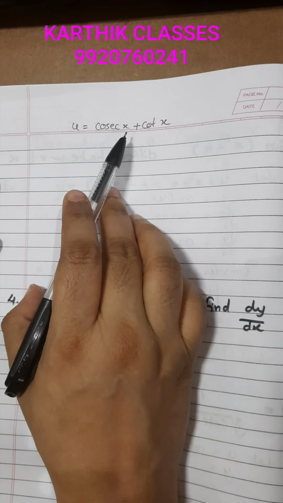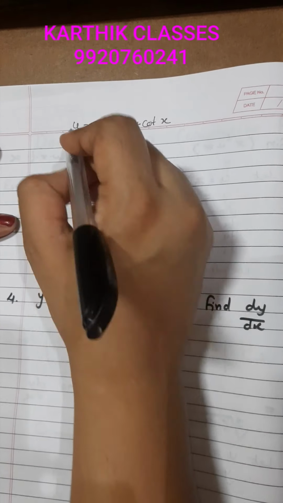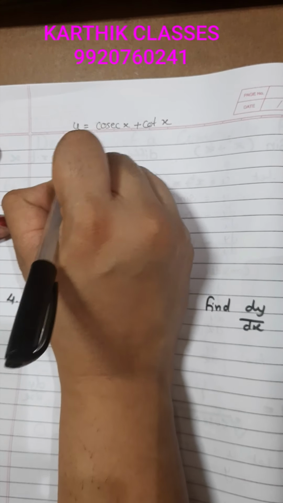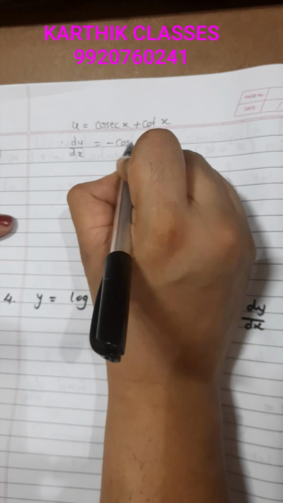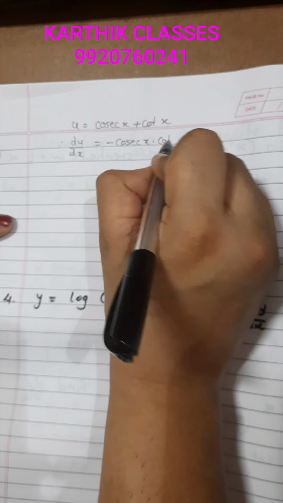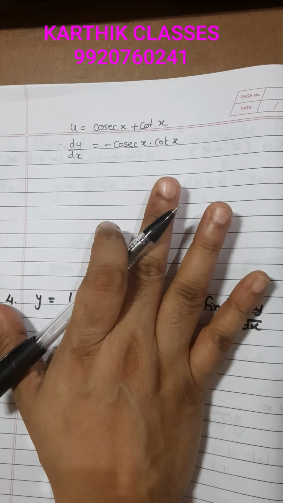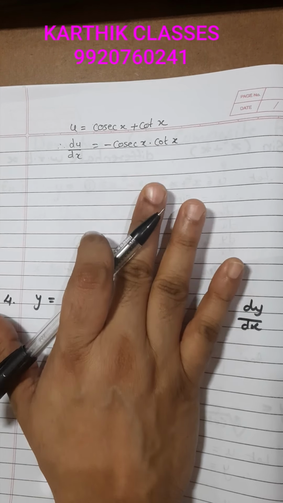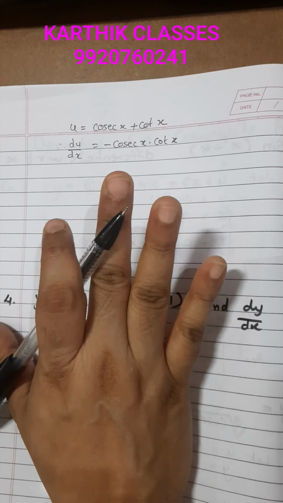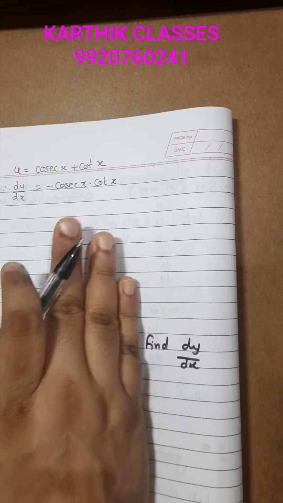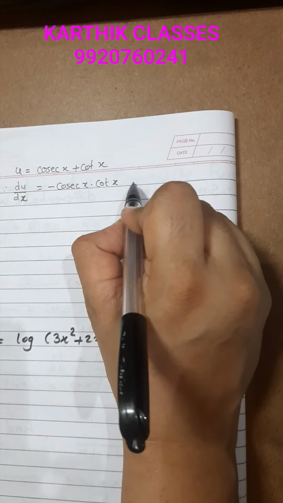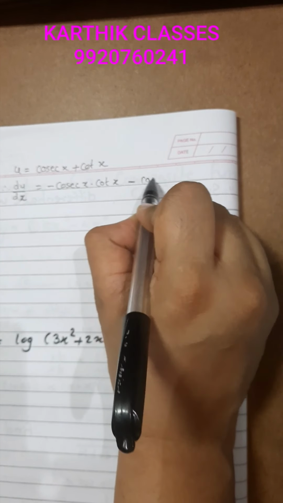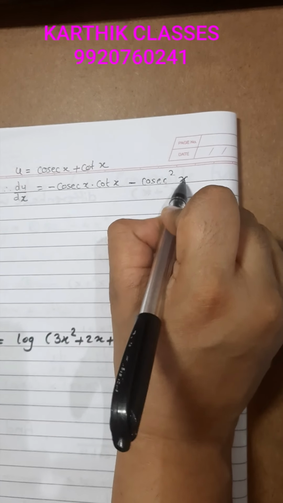Now u is cosec x plus cot x. Now differentiating u with respect to x, I get derivative of cosec x is minus cosec x into cot x. Now for this you should learn all the basic formulae. Then only you can solve composite functions, implicit functions, inverse functions, whatever lectures we will be covering later. Okay, derivative of cot x is minus cosec square x.